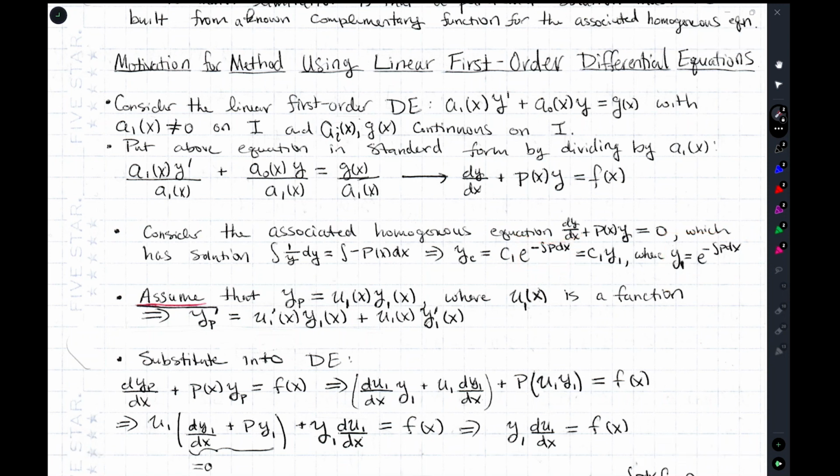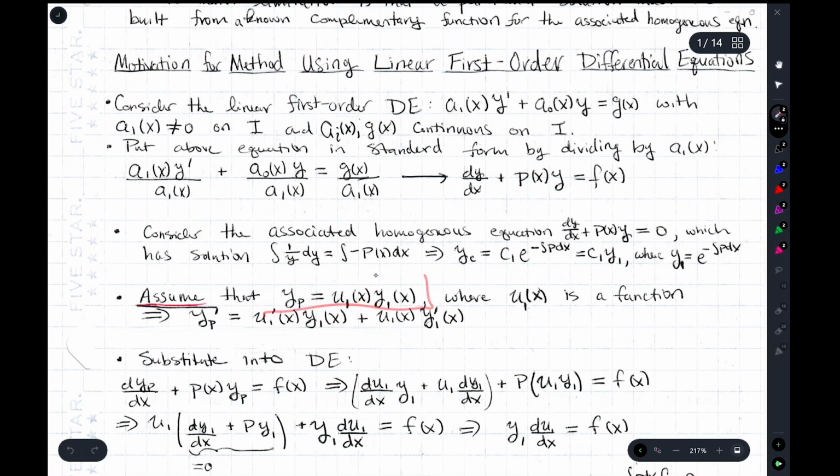And now we're going to make a further assumption. We're going to assume that the particular solution is proportional to y1, where the proportionality is actually a function. So not a constant proportionality, but a function.